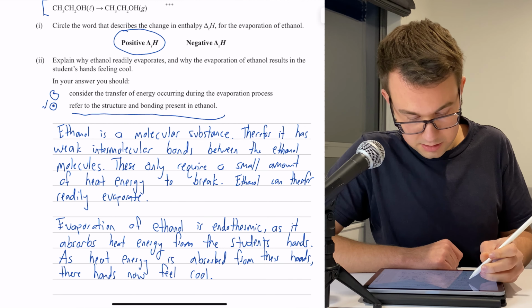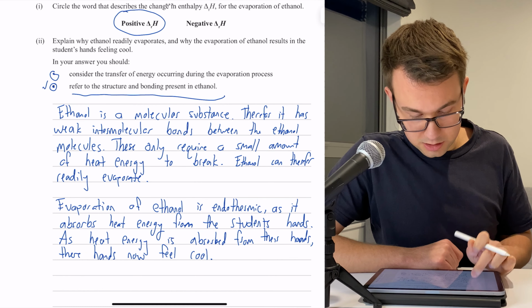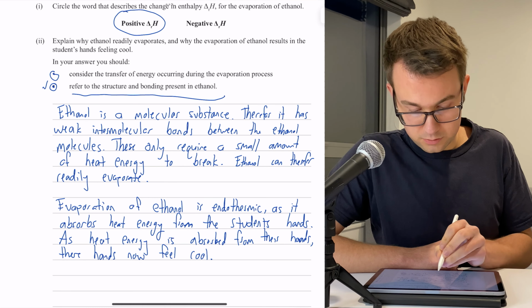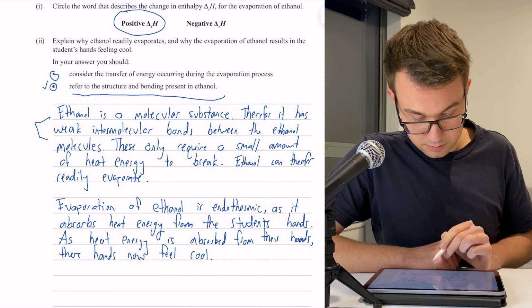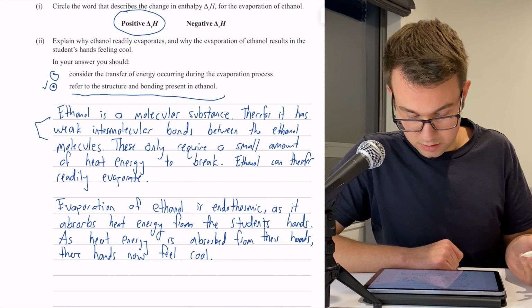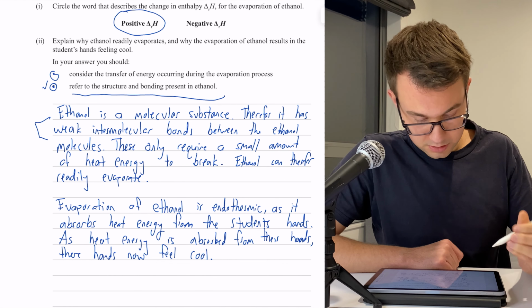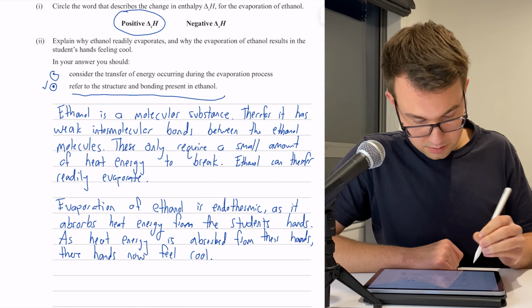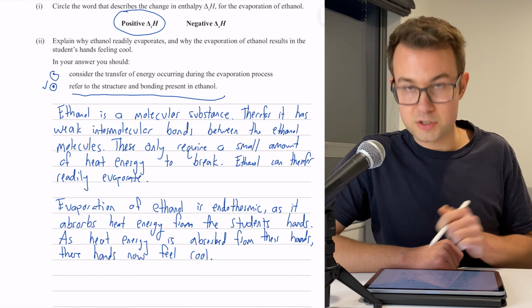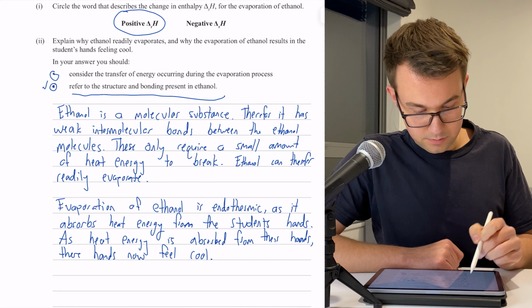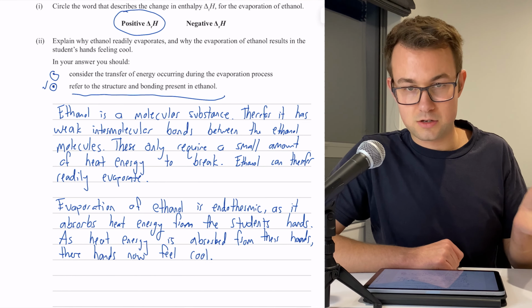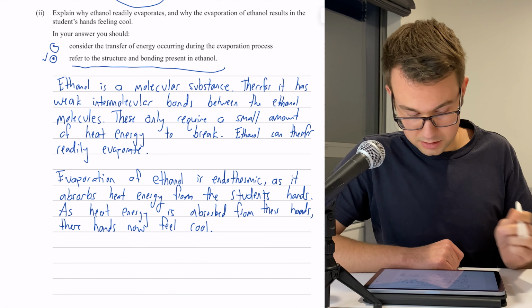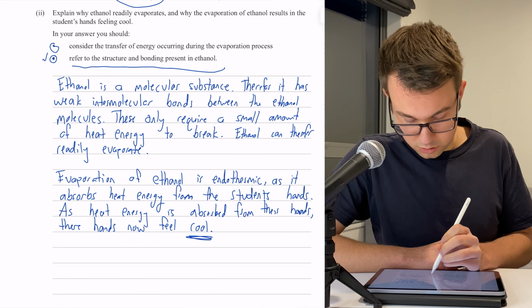Yes, we said it's molecular, and we said the type of forces that are involved between ethanol molecules. Weak intermolecular bonds or forces. And we said that to overcome this, the transfer of energy has to come from the student's hands into the ethanol in the liquid phase, and then that's able to turn it into a gas because we're breaking these bonds. And now their hands feel cool.